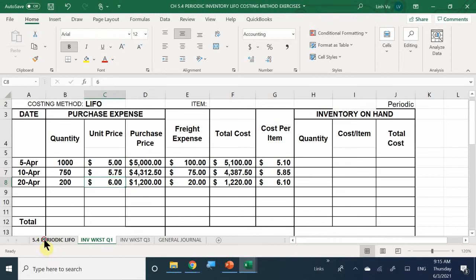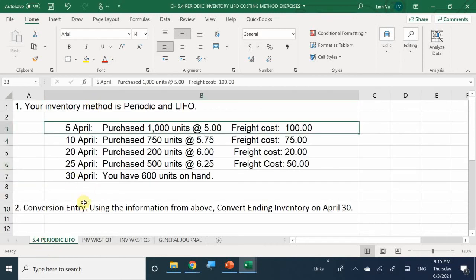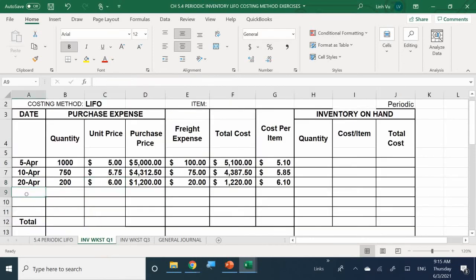Okay. So second last, I guess, to not least, on April 25th, we purchased an additional 500 units at $6.25 with a freight of 50. So I'm going to do the same thing again. I'm going to plug in April 25th. We purchased 500 units at $6.25 and the freight was 50.